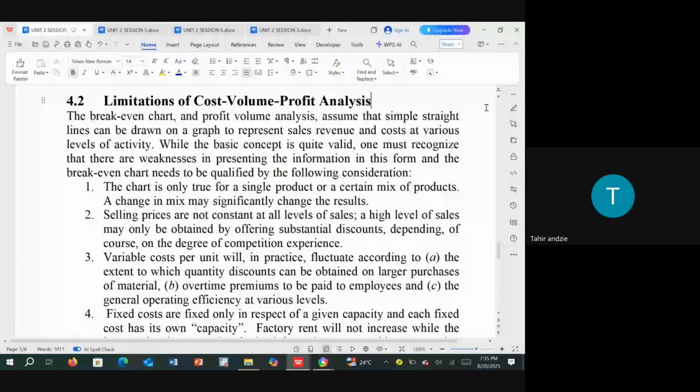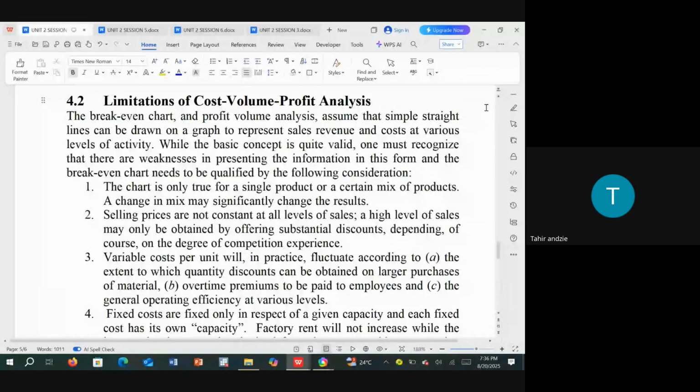Also, variable cost per unit will, in practice, fluctuate, because in the assumption we are saying that variable costs must vary in total proportionally. If you are saying it should vary proportionally with the levels of activity, it means that the variable cost per unit should be constant. However, in practice, variable costs cannot be constant.